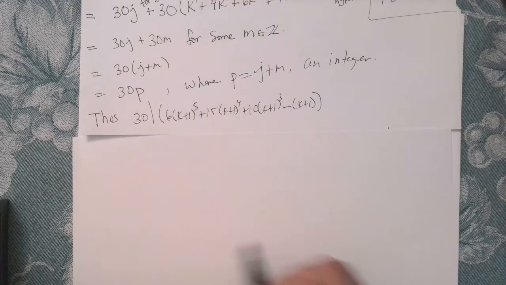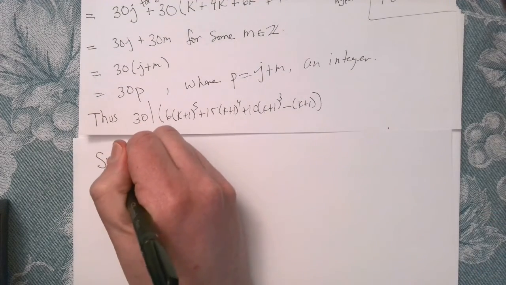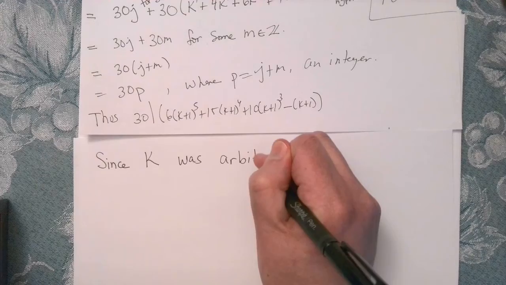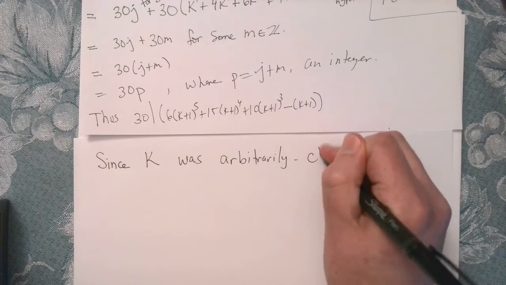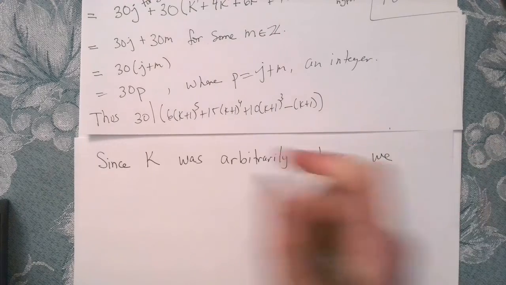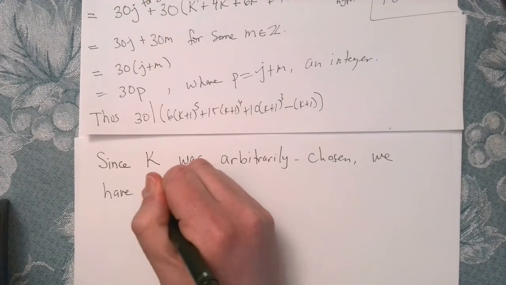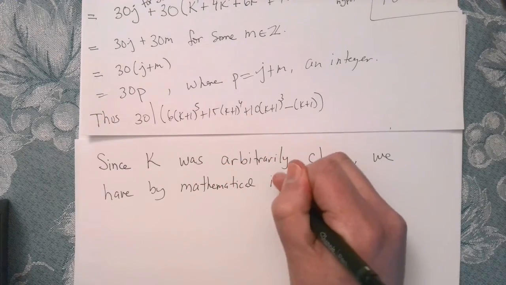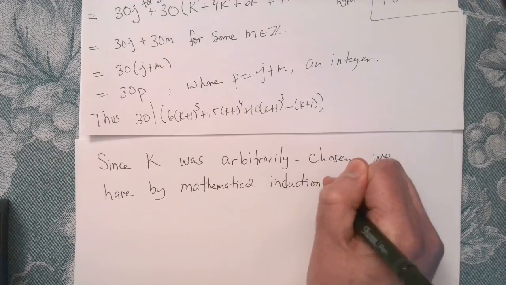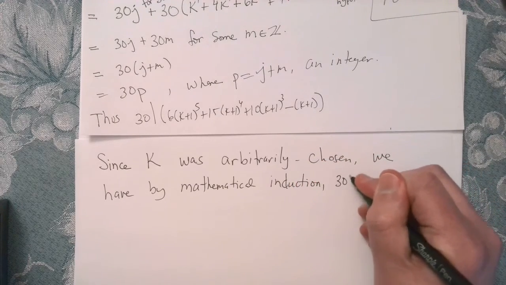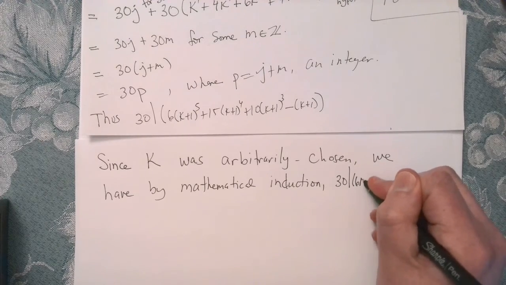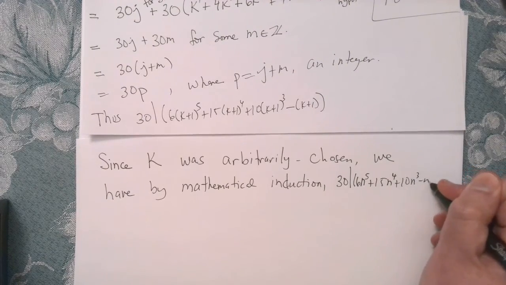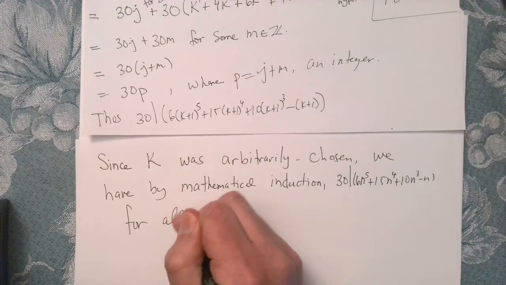So I'm going to say, since k was arbitrarily chosen, we have, by mathematical induction, that 30 divides 6n to the 5th plus 15n to the 4th plus 10n cubed minus n for all natural numbers n.